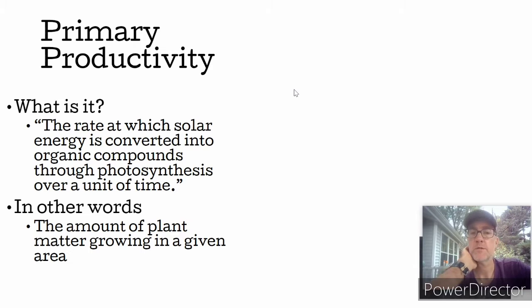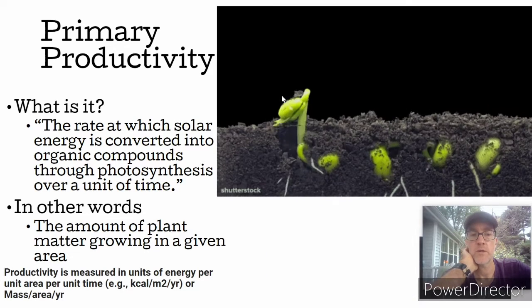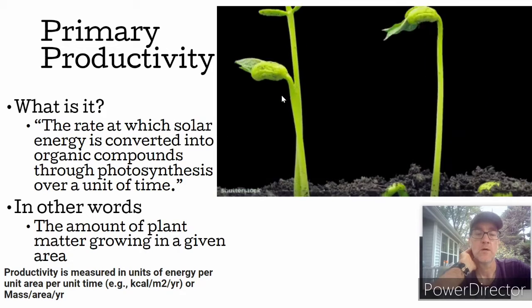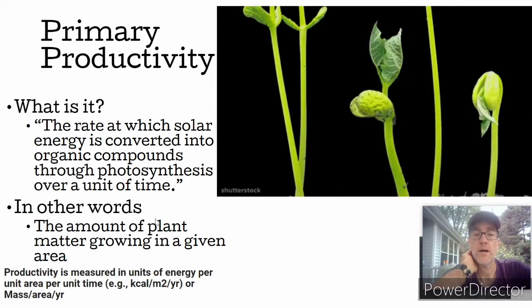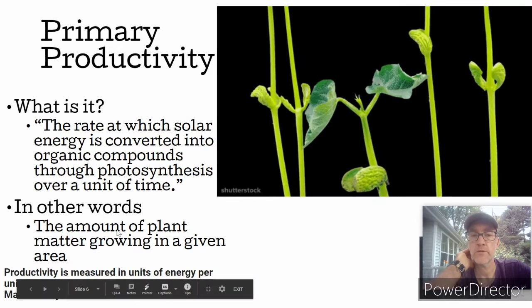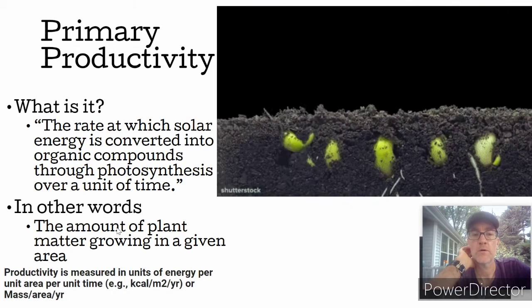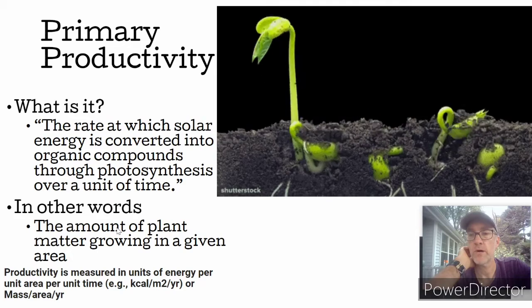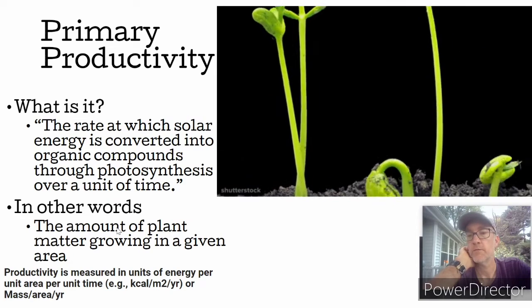So it's the amount of plant material grown in a given area, and it's usually measured in units of energy over time. Typically, it's kilocalories of energy per meter squared over a period of a year.